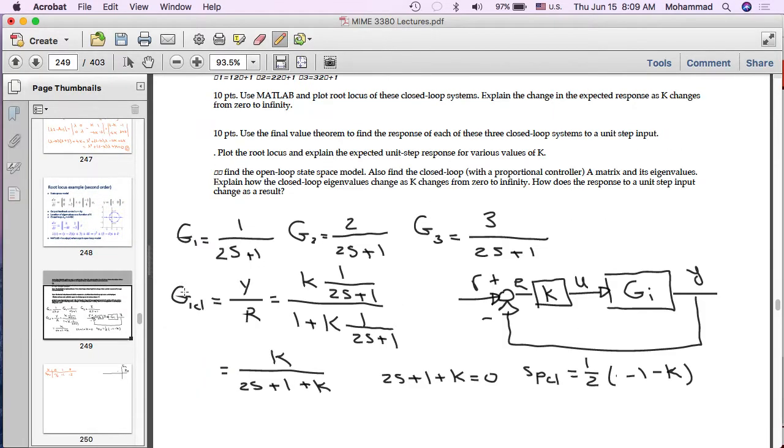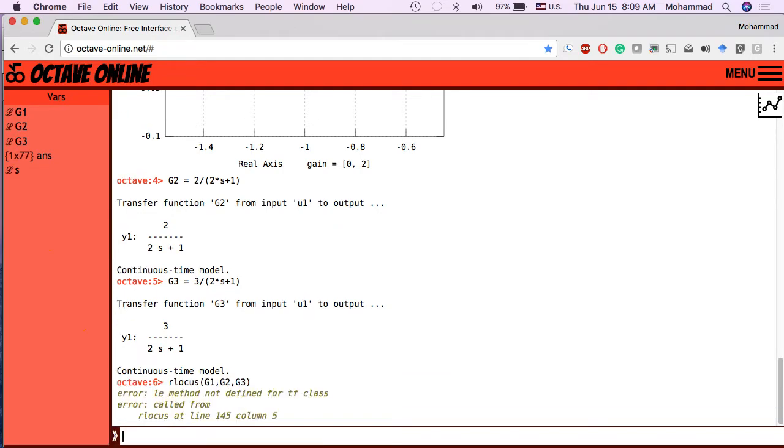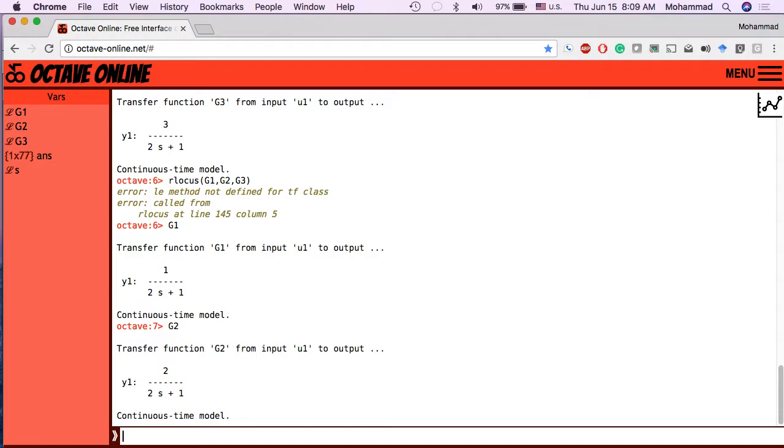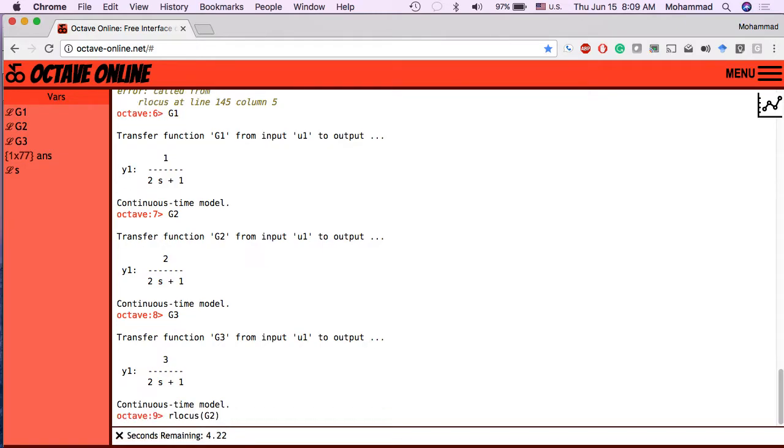So we have the three transfer functions, and rlocus allows you to put these side by side: g1, g2, and g3, on one figure. So let me make sure we have g1, g2, and g3. Okay. So apparently this doesn't allow for multiple on the same figure.